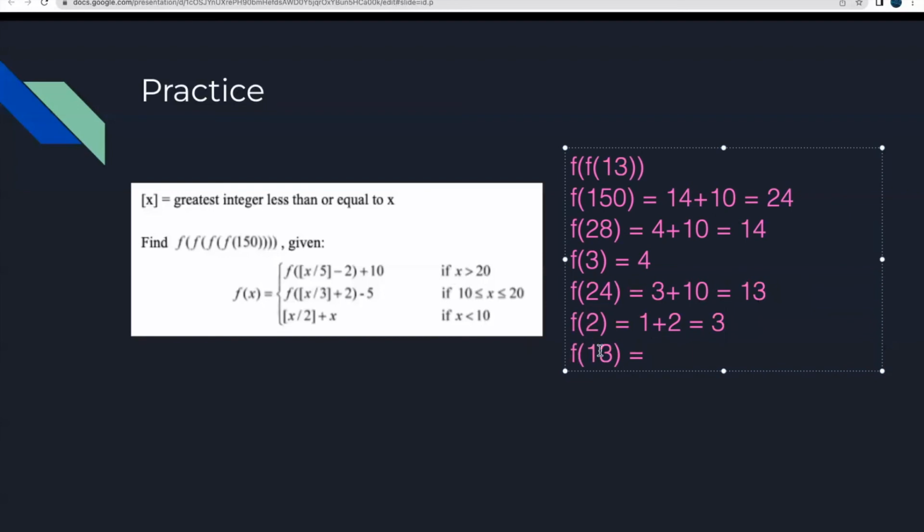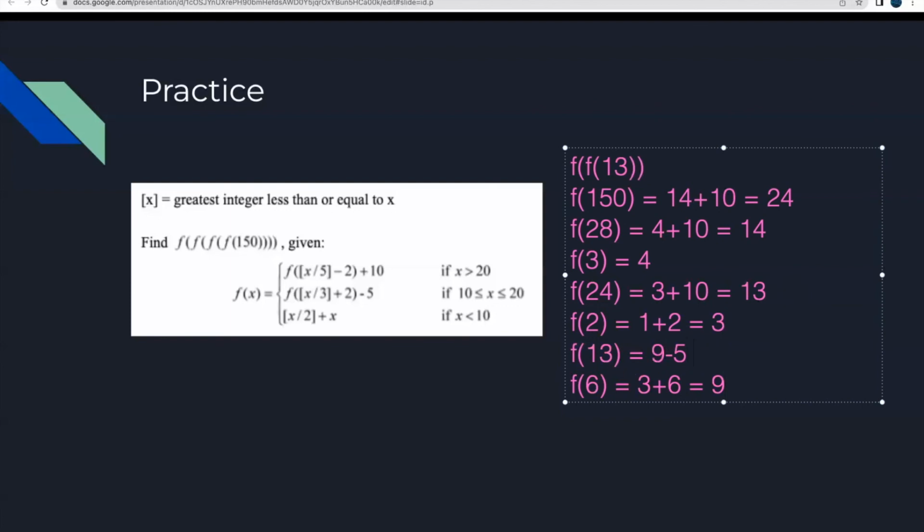F of 13, well, 13 is between 10 and 20, so we're going to use the second statement: f of the floor of 13 divided by 3, plus 2, minus 5. The floor of this becomes 4. This becomes 6. F of 6 becomes the floor of 6 divided by 2, plus 6. And then this is 3, so we solve and get 9.